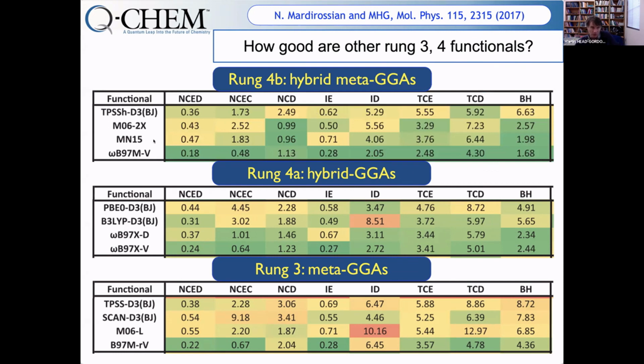And so you can see, for instance, take a fairly recent Minnesota functional, MN15, and compare against omega B97M-V. There's a big gap in non-covalent interaction RMS errors, a small gap in barrier heights, a notable gap in thermochemistry.